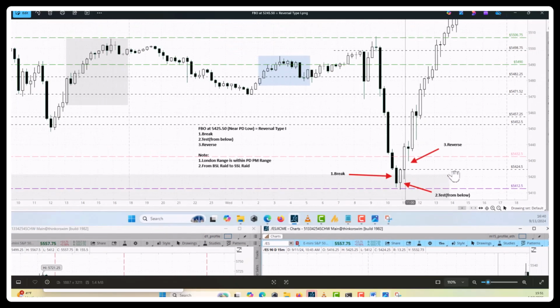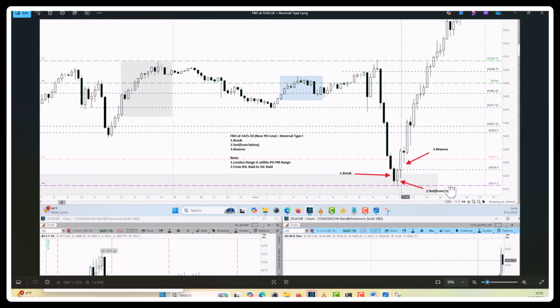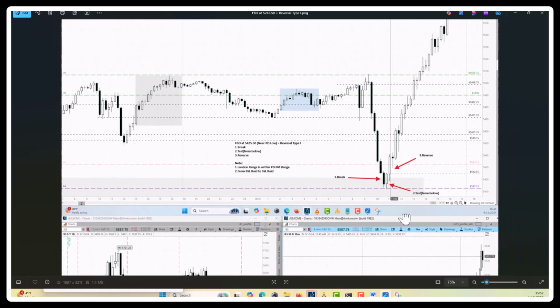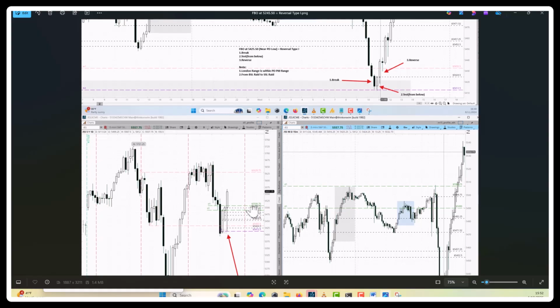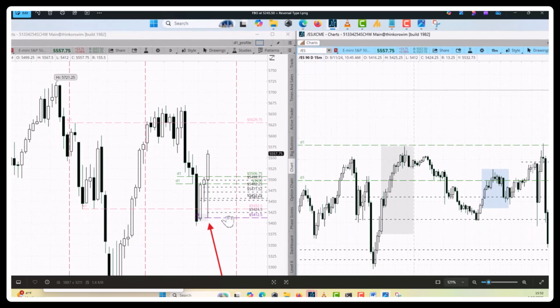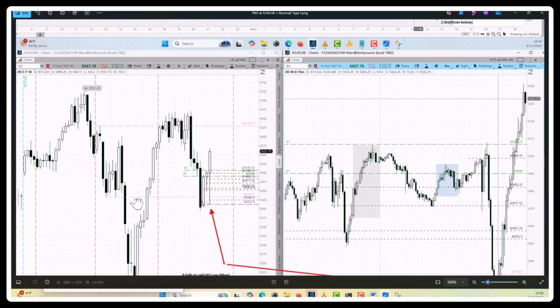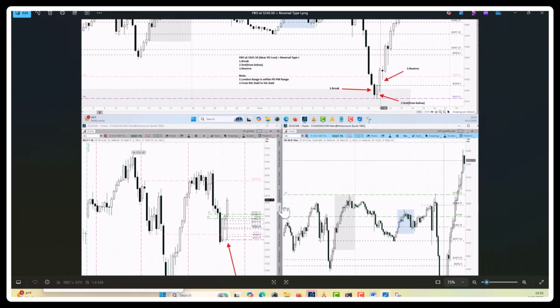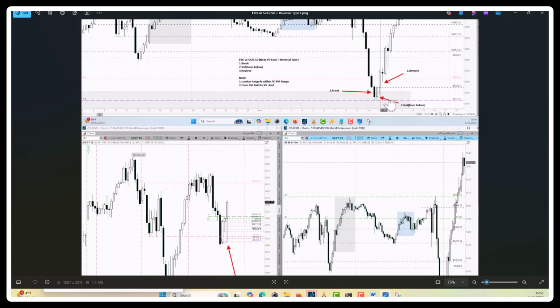And like we say, it's in very close proximity to the high level, which is the weekly and the daily level right there. You see that? That's the weekly and the daily level. The daily level is just above that level.